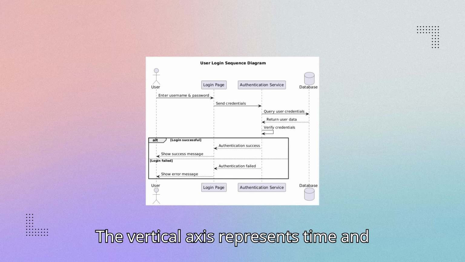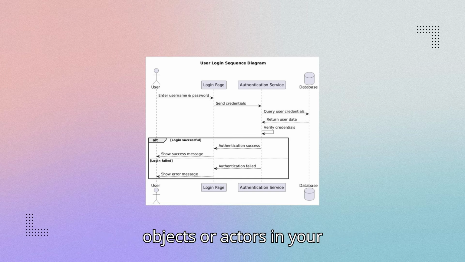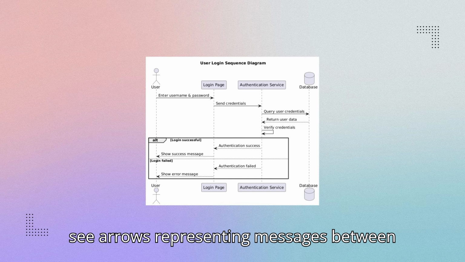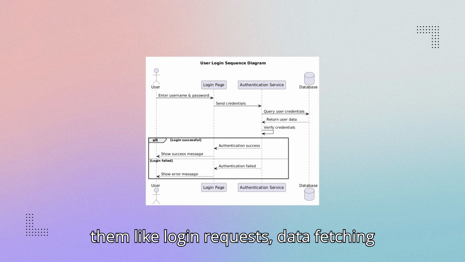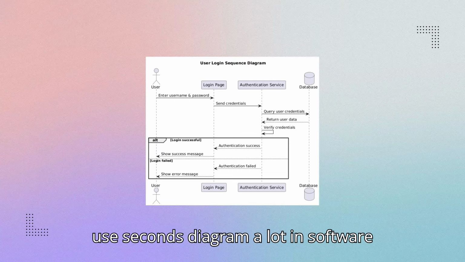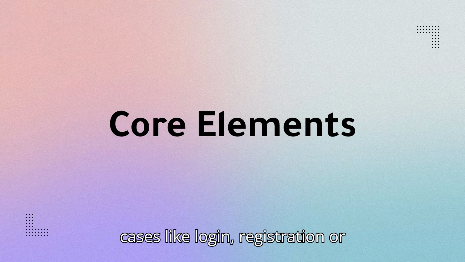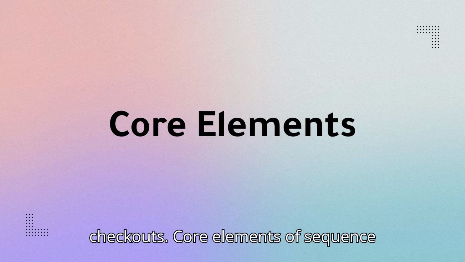The vertical axis represents time, and the horizontal axis represents different objects or actors in your system. You will see arrows representing messages between them, like login request, data fetching, response sent, and so on. We use sequence diagrams a lot in software design, especially when modeling use cases like login, registration, or checkout.